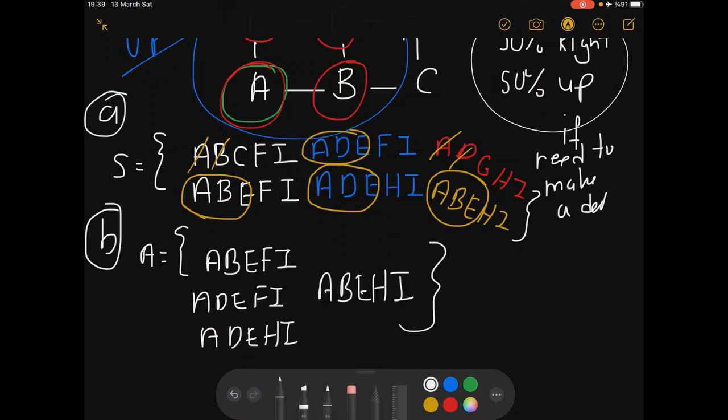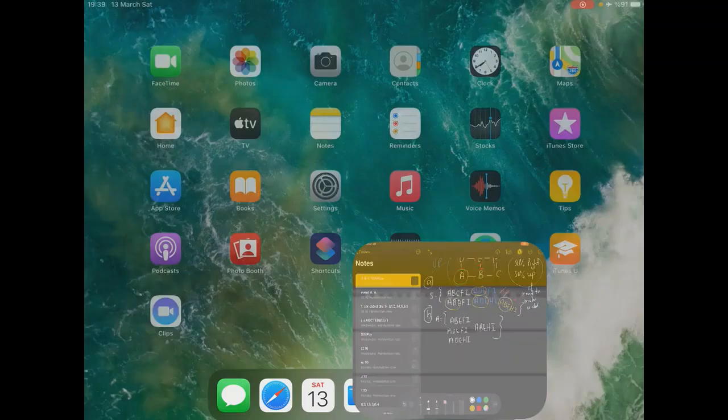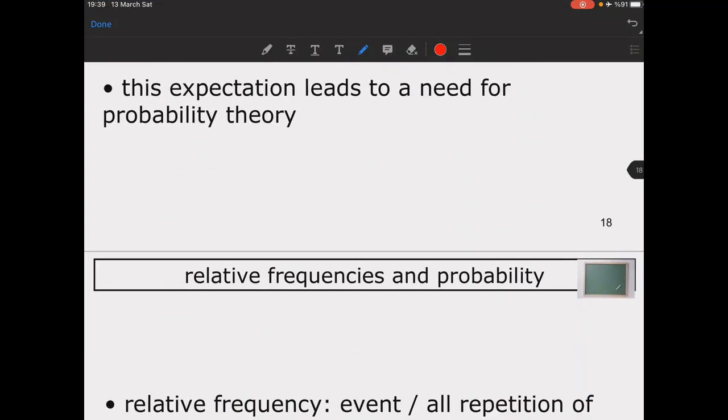So all of these elements are within that subset. So that's one of the examples that would tell us what could happen.